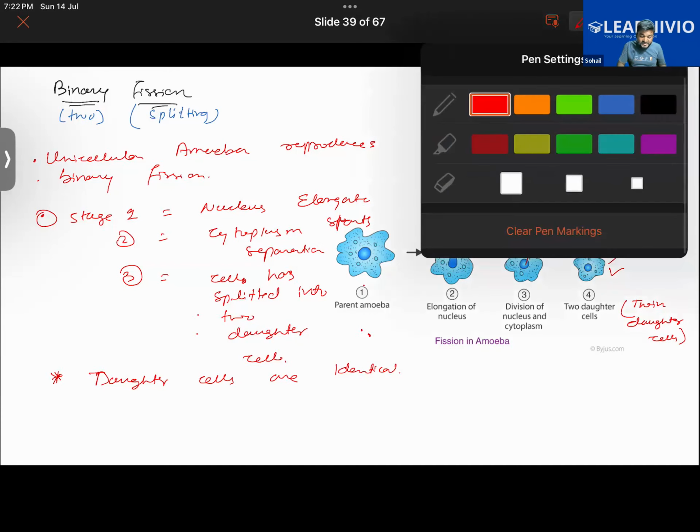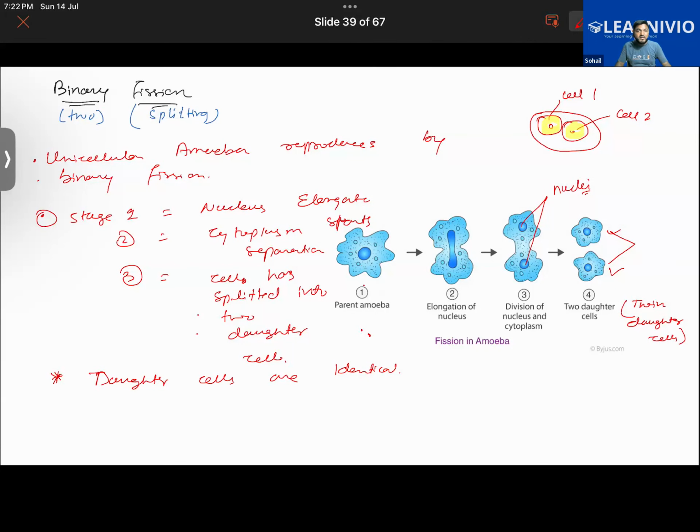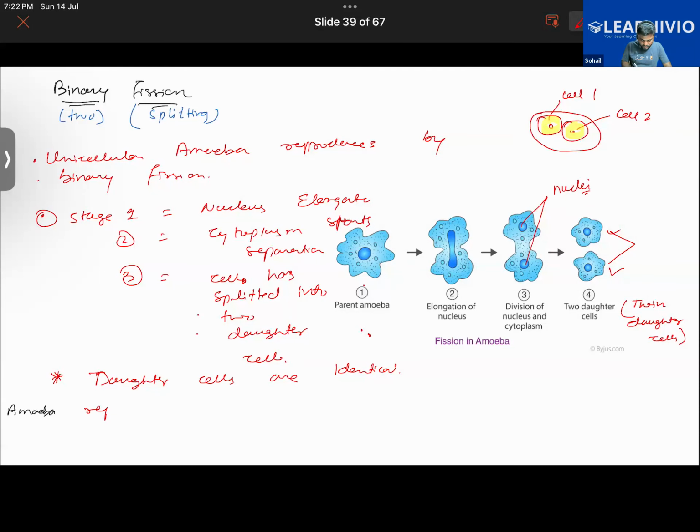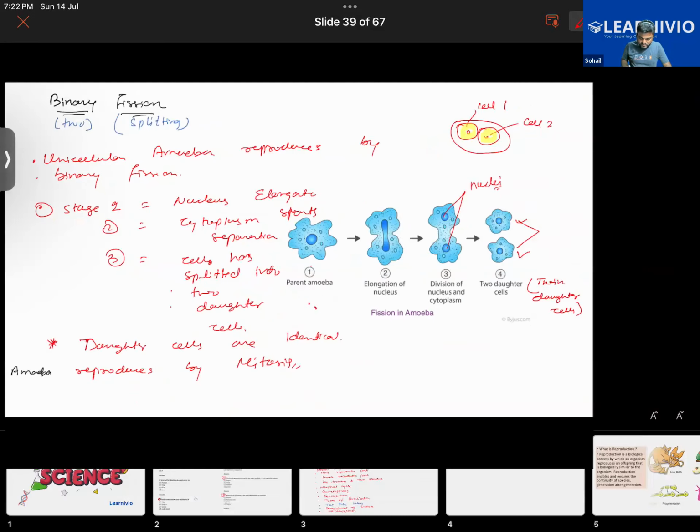And the kind of cell division that is happening over here is called mitosis. You guys getting it? We're going to learn about that in detail, don't worry about that. So amoeba cells reproduce by mitosis. So let us learn about this first of all.